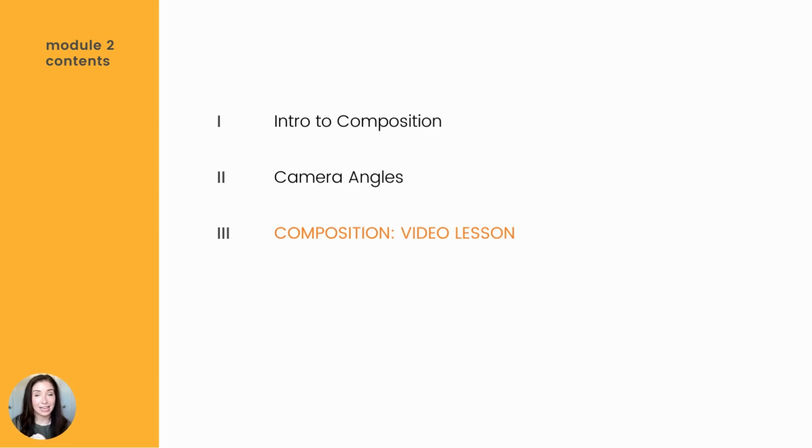And lastly, we're going to have our composition video lesson. In this particular video lesson, we're going to do a single shoot of a single food item, but we're going to hit all of the camera angles. Just like we did in the lighting video lesson, where I showed you both hard light and soft light in both side light and backlight positions, I'm going to go through all 3 of the camera angles with a single food item.